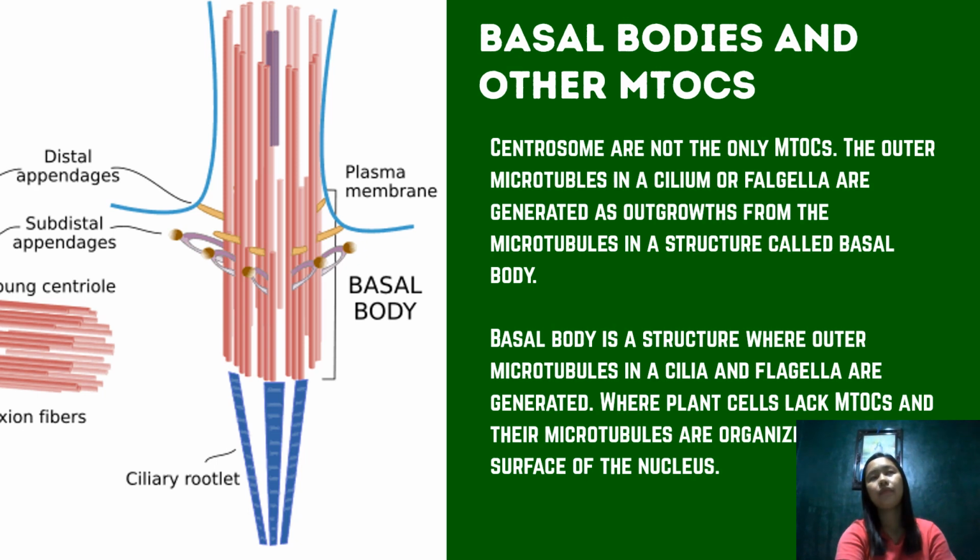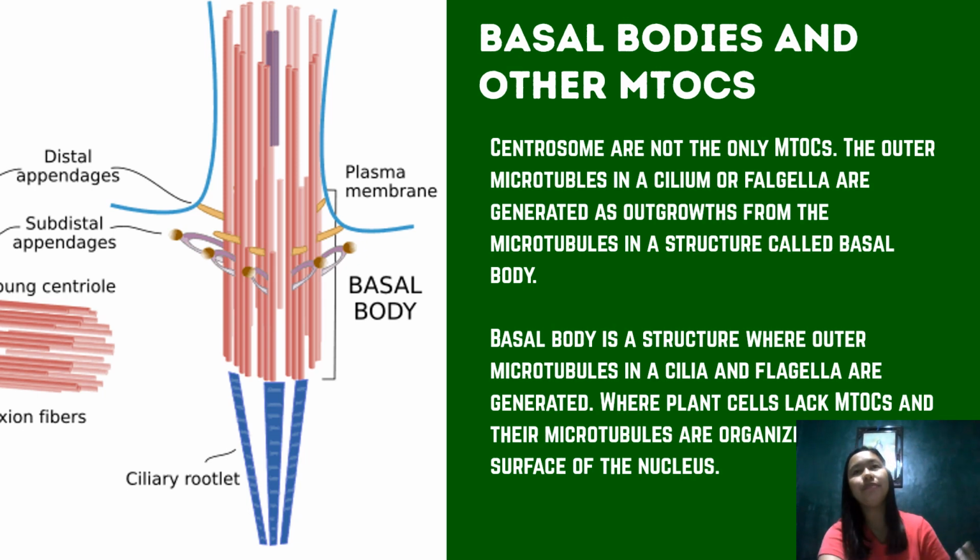Halimbawa, ang basal body ng flagellum ng sperm ay nagmumula sa isang centriole ng mitotic spindle ng spermatocyte. At pagkatapos ng fertilization, karaniwang nagiging centriole ang sperm basal body sa unang mitotic division.